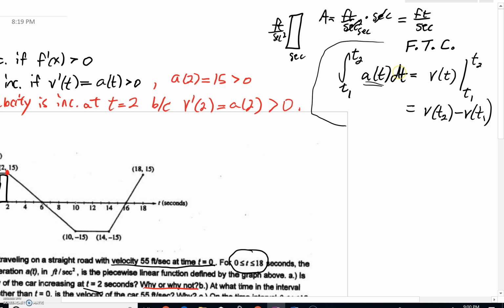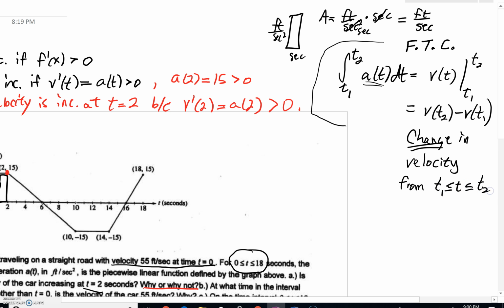So what do we get if we integrate from t1 to t2? We're going to get the change in velocity, here's that big word, change. The change in velocity on that time interval. We can say from a time between t1 and t2.